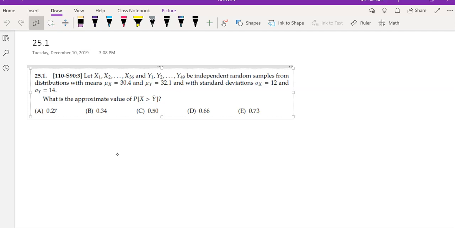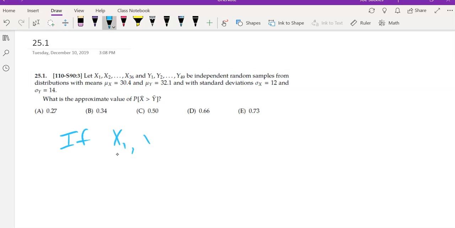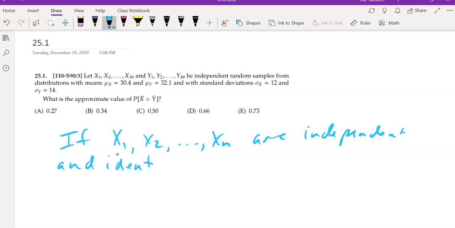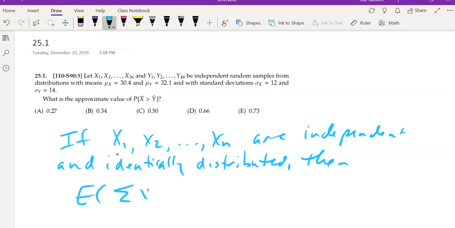All right. In general, that's true for anything that's independent. If your x1, x2, out to xn are independent and identically distributed, then the expected value of the sum of the x sub i's is going to be what?